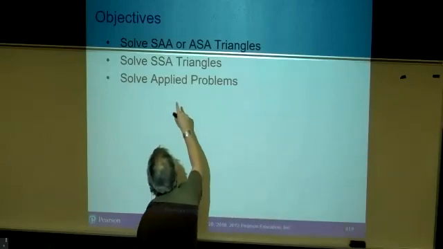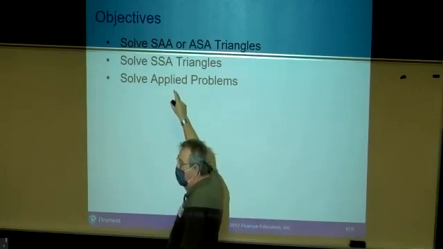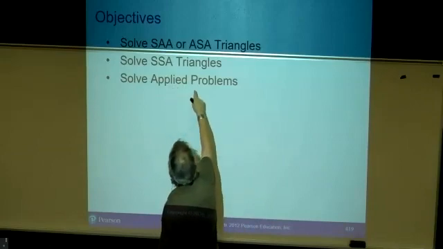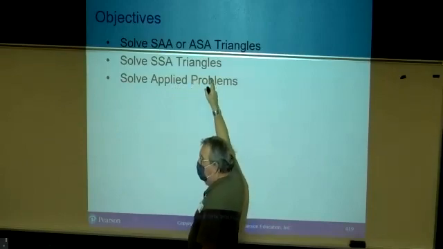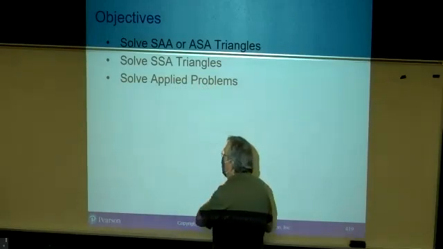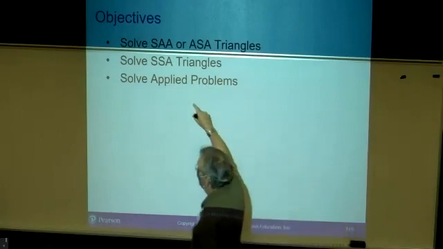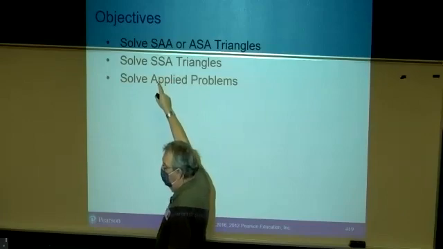So side, angle, angle means the side is not included. It's a non-included side. When it's written side, angle, angle, SAA, only one angle has that side. With angle, side, angle, the side is included, meaning it's between the two angles, so the two angles share a side.